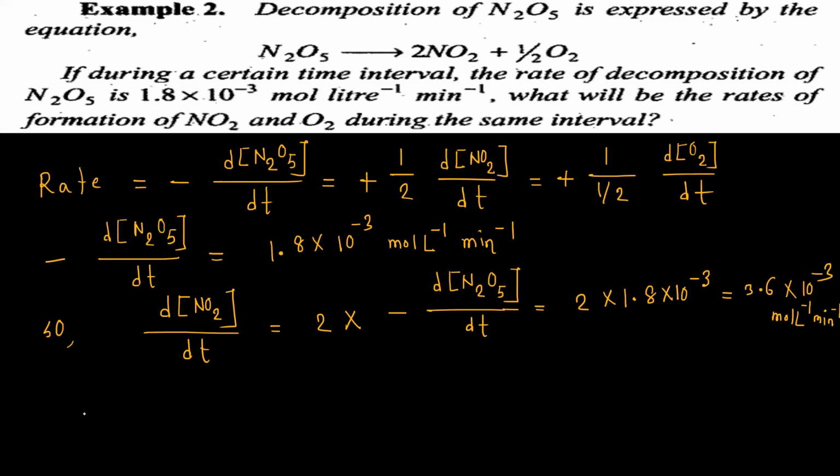And the formation of oxygen will be dO2 upon dt is equal to half multiplied by negative sign dN2O5 upon dt.